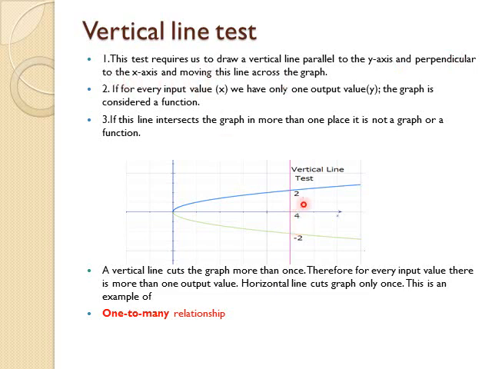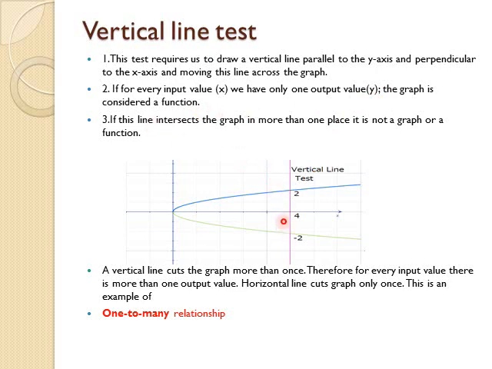Where it makes contact with the x-axis, it will form a 90-degree angle. We move the line across the graph to check. Now for every input value x, we have only one output value y, so we only have one place where it's touching. The graph is considered a function.